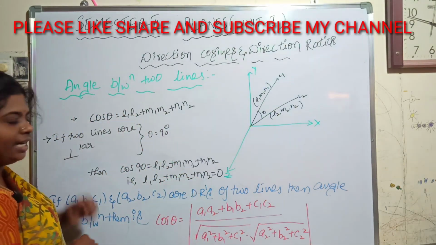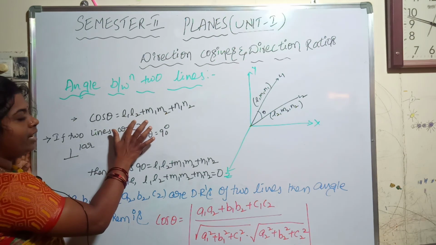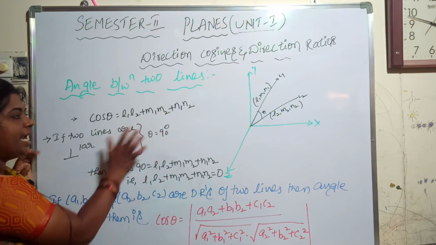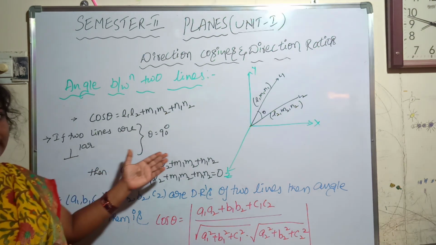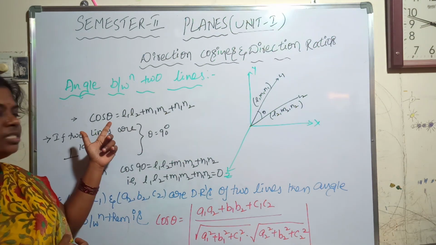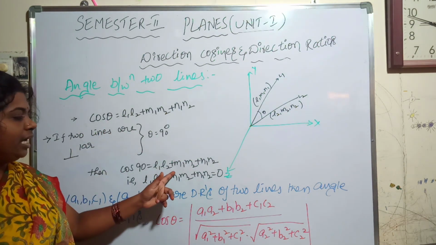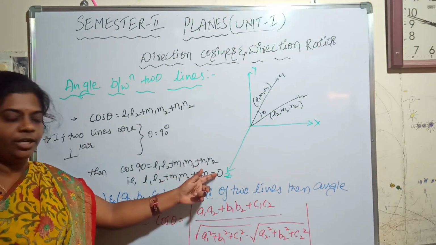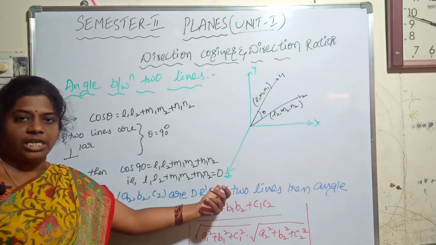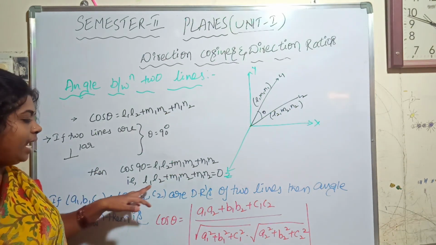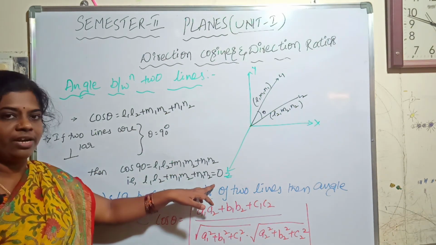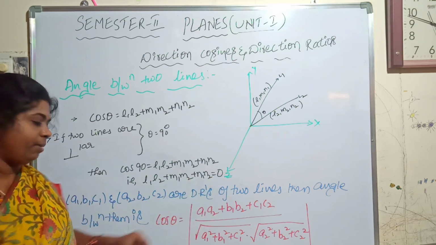Then cos theta is equal to L1 L2 plus M1 M2 plus N1 N2. If those two lines are perpendicular, then theta is 90 degrees, so cos 90 is equal to L1 L2 plus M1 M2 plus N1 N2, and cos 90 is 0. So L1 L2 plus M1 M2 plus N1 N2 is equal to 0 is our formula.